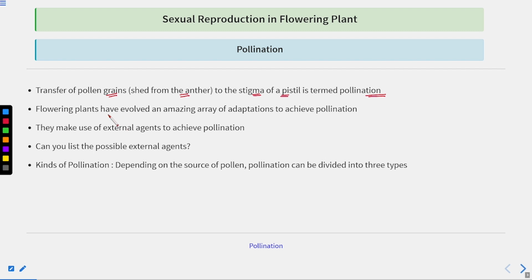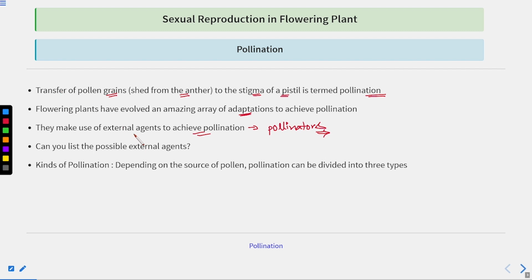Now the flowering plant has evolved an amazing array of adaptations to achieve pollination. They may make use of external agents to achieve pollination. These external agents are known as pollinators.